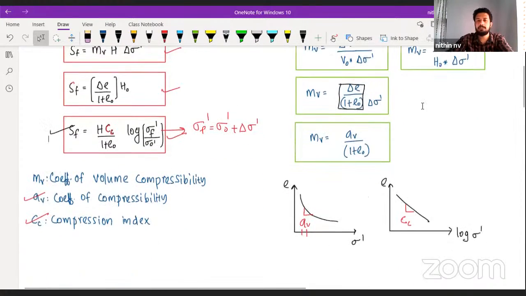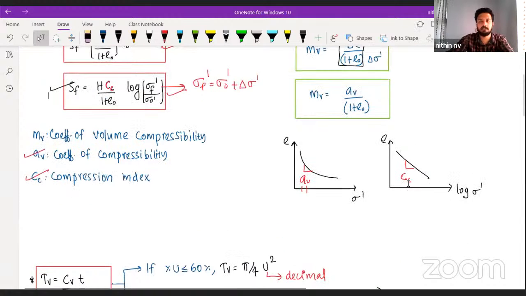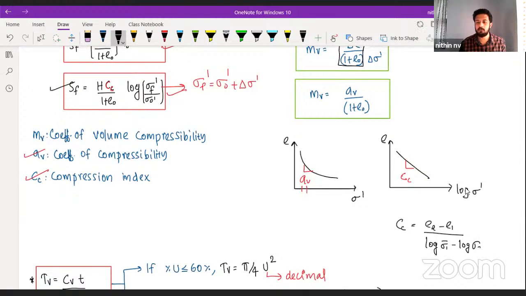We have to check whether they have given any data, any graph, or two different values of effective stress and the corresponding void ratio. If they are giving like that, then we can easily do it. Cc is nothing but simply e2 minus e1, whatever the difference, divided by log sigma dash 1 minus log sigma dash 2.